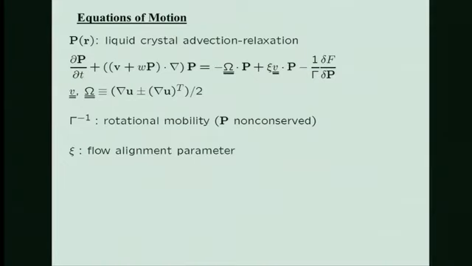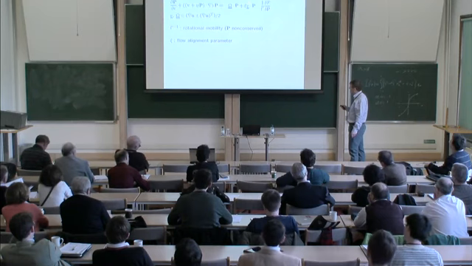And on the right you have some standard stuff which many of you will have seen before, involving the symmetric and antisymmetric parts of the velocity gradient tensor, which basically tell you how the molecules rotate in the presence of a velocity gradient. There's a molecular parameter here, xi, the flow alignment parameter.